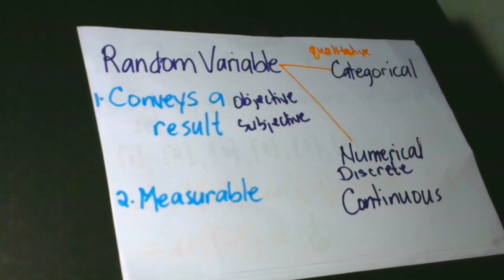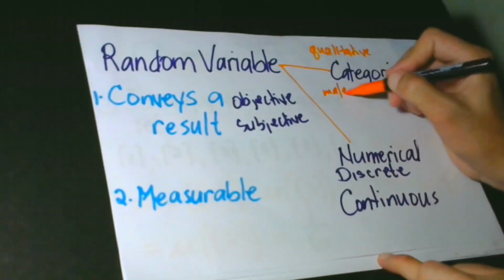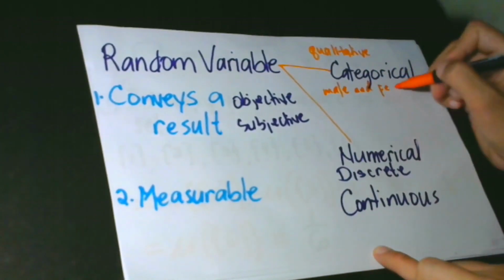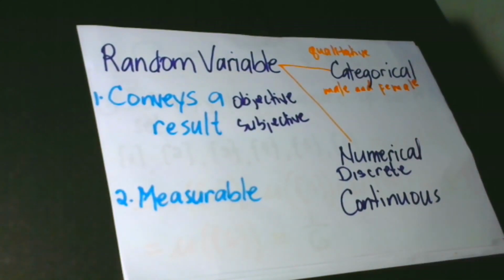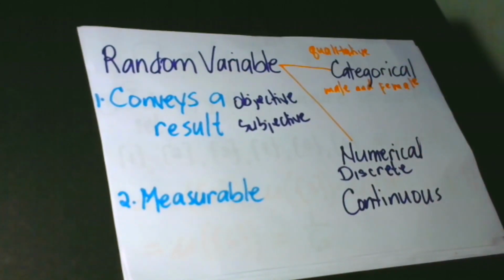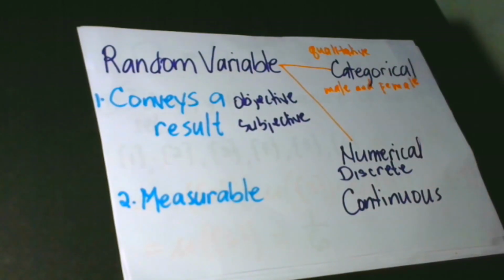So for example, we have male and female. You cannot be a male and at the same time a female in the strictest natural sense. If you choose male, you can never be a female. If you are a female, you can never be a male.